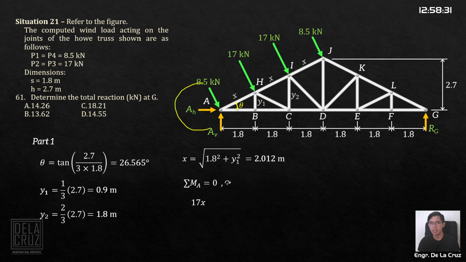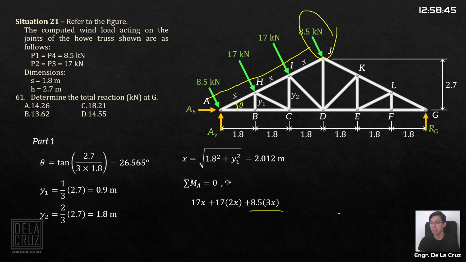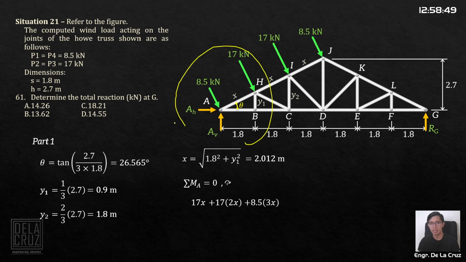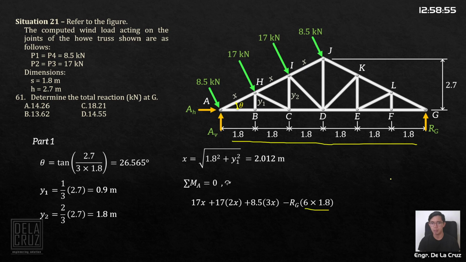By the way, clockwise yung moment caused by these four loadings. 17, then 2X. Plus 17, 2X. 8.5, 3X. 8.5, 3X. Yung RG natin will cause counterclockwise about A. So, R sub G, then 6 na 1.8. 6 na 1.8 equal to 0.